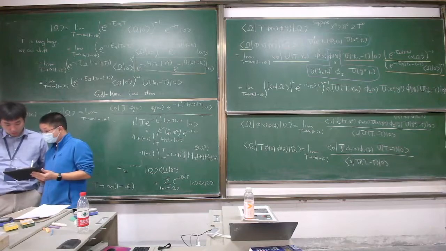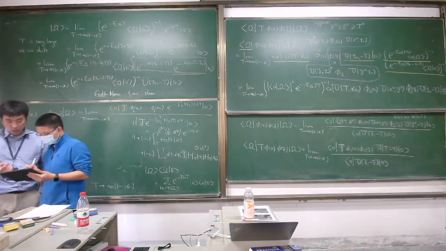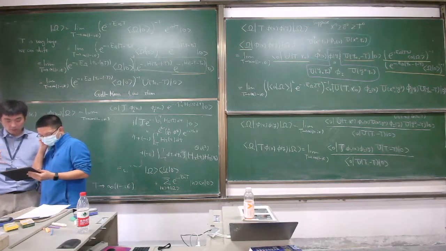Oh, okay. No. Here, lambda and gamma. So it's alpha, so it can be down.